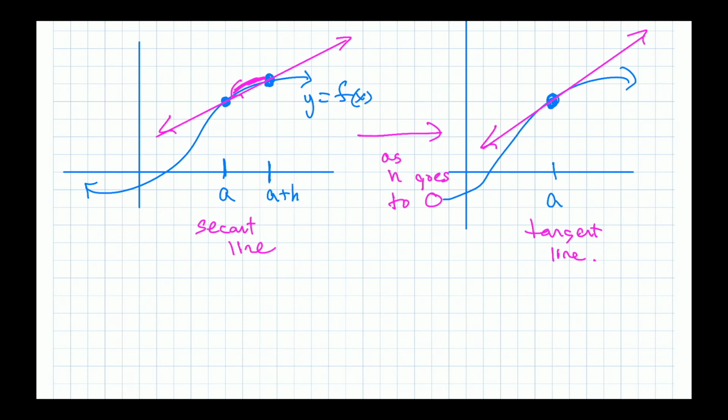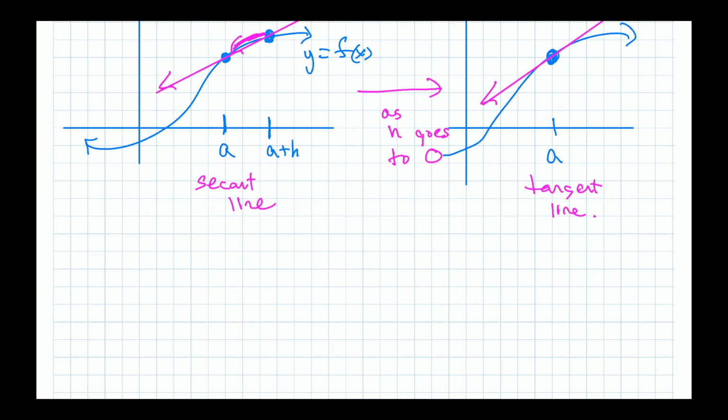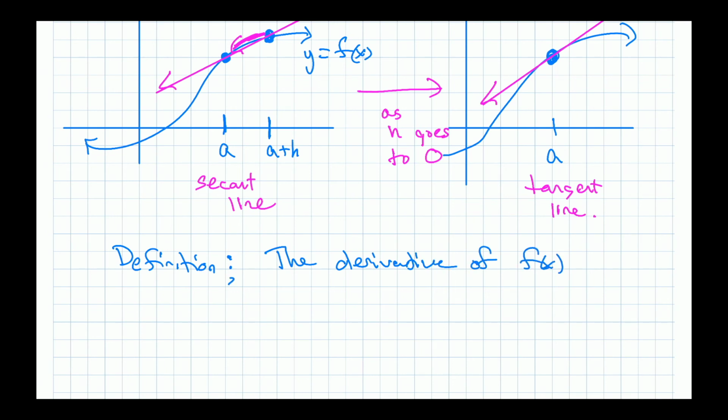And that's great. What's the definition of the derivative? So here's the definition of the derivative. And really, it is just the definition of the tangent line slope. Okay, so the derivative of f of x evaluated at x equals a is denoted f prime of a.